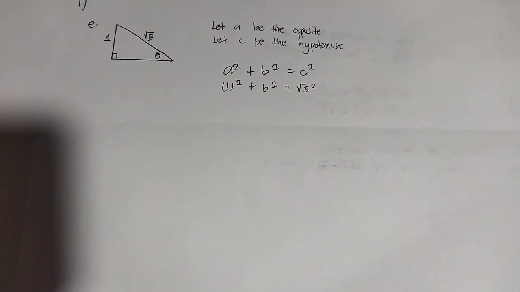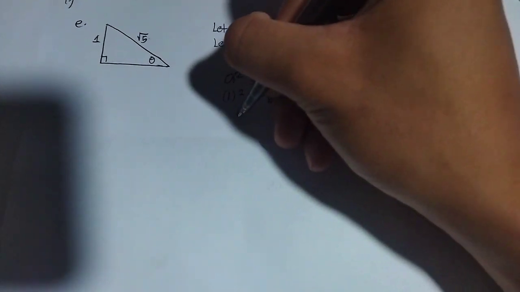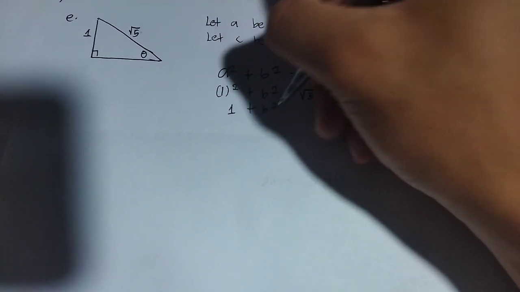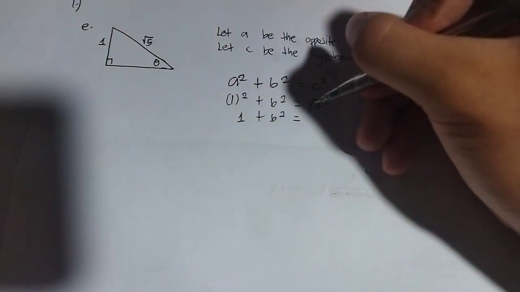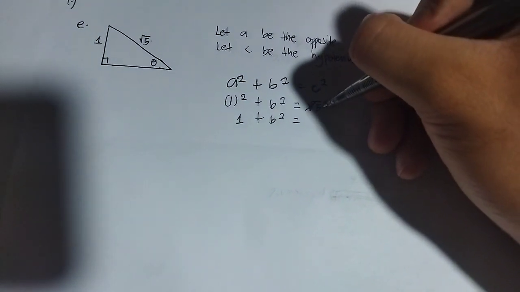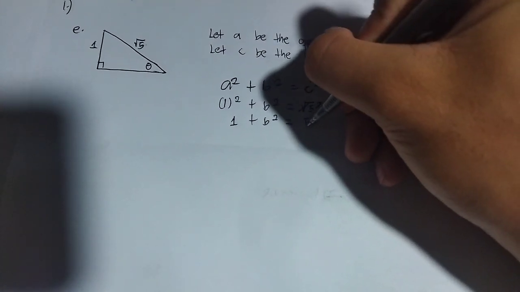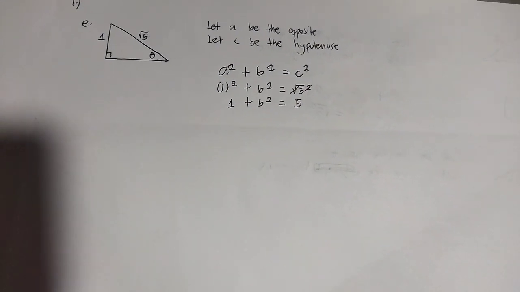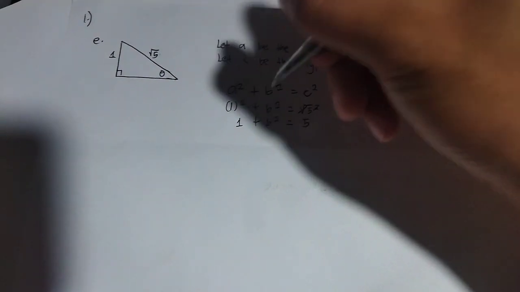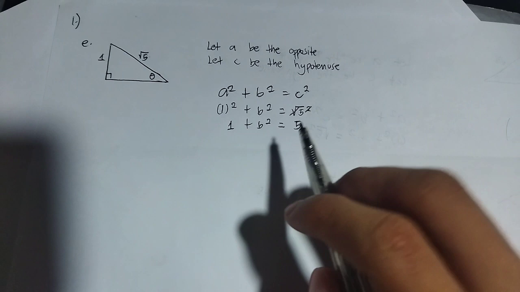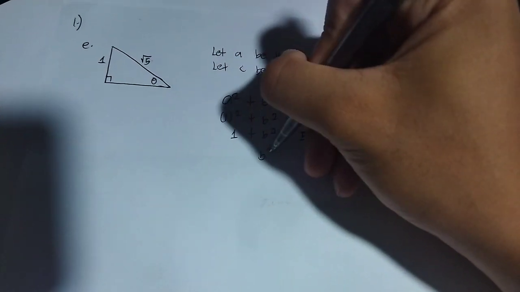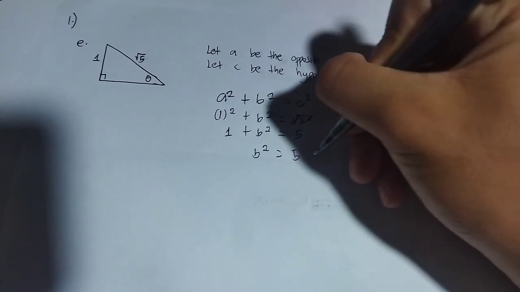So 1 squared is equal to 1. Then copy the B squared. Then cancel out the square root and the squared. So we have 5. Then transpose the number 1. So we have B squared is equal to 5 minus 1.